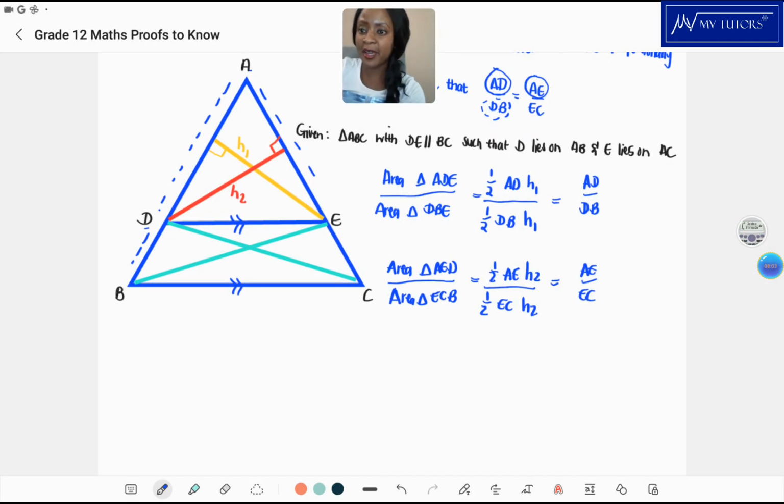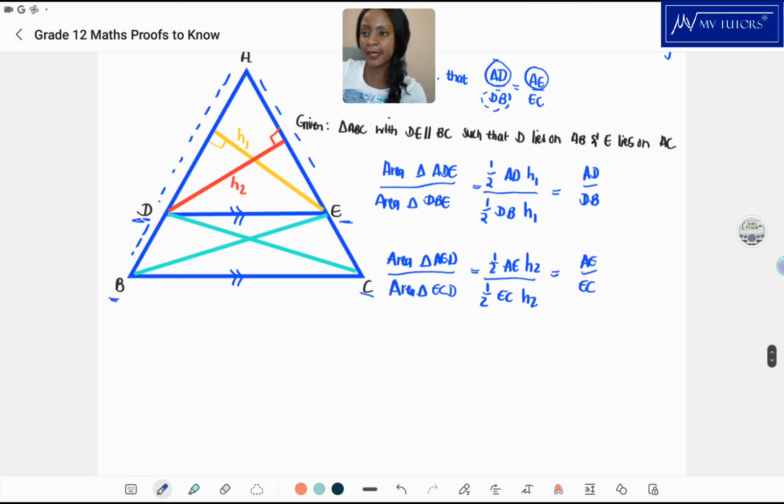Okay, just an error I made with this triangle here. It's actually ECD, not ECB. So here we had D, B, E. So here we're going to have E, C, D, not B. All right.